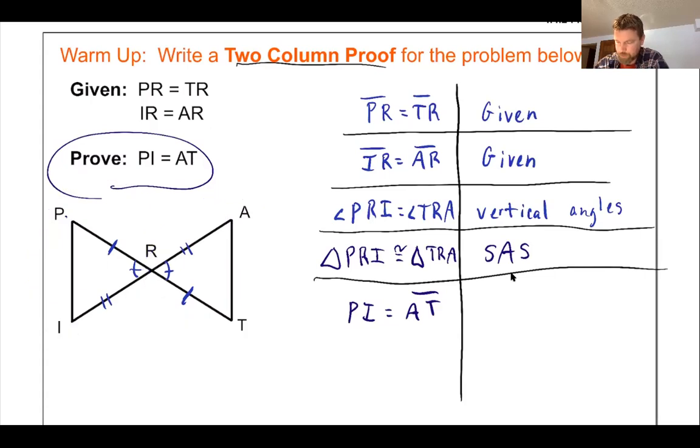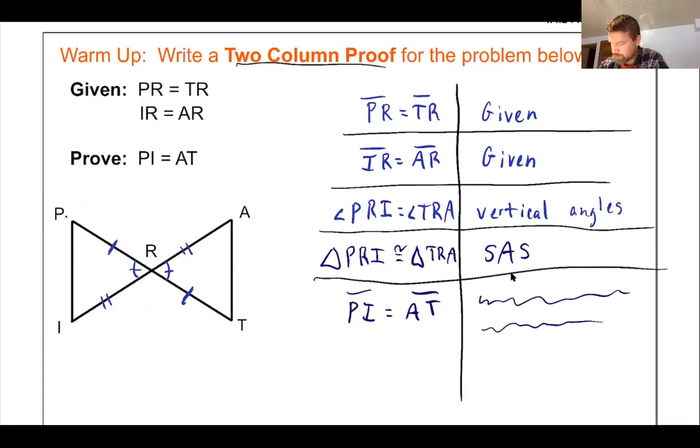And if you remember that shortcut, it makes it a lot faster. If you don't remember it, you can write, because when triangles are congruent, all of their parts are congruent. That just gets long. The shortcut for that was CPCTC, which again stands for corresponding parts of congruent triangles are congruent.